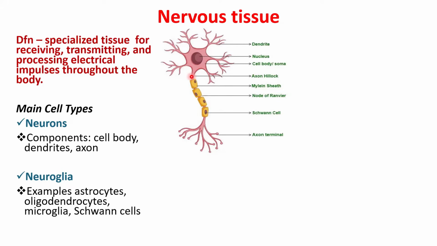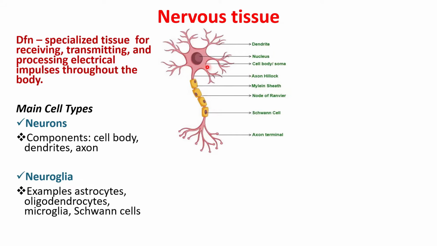These Schwann cells produce the myelin sheath that you can see here. You can see the Schwann cells wrapping around the axon. Those are the various parts of a neuron.